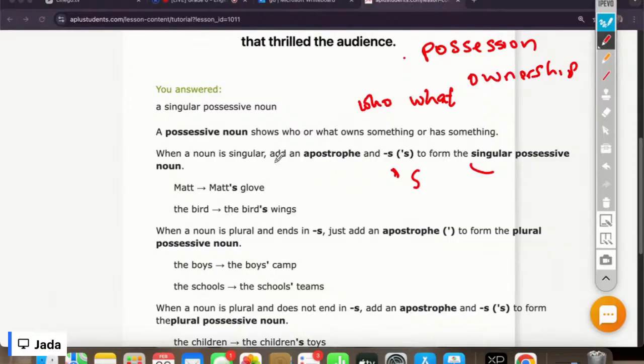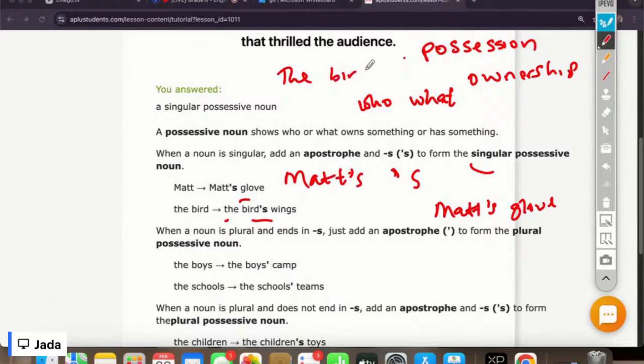Okay. So for instance, we have here Matt, glove. Because it is singular, we have Matt's glove. Now we have the bird, and we have the bird's wings.